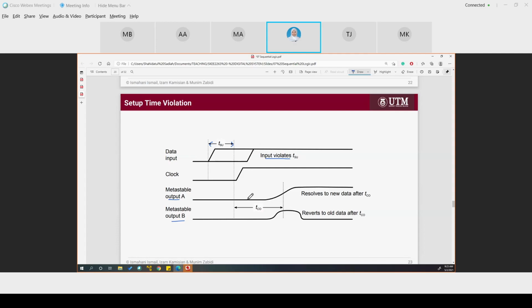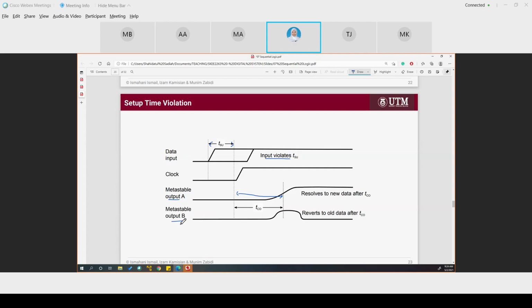So output A means the flip flop will resolve to new data, will change to the new data after the output delay. Okay, after we finish the output delay here, the flip flop will choose the new data, right?